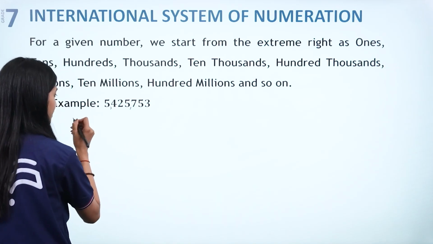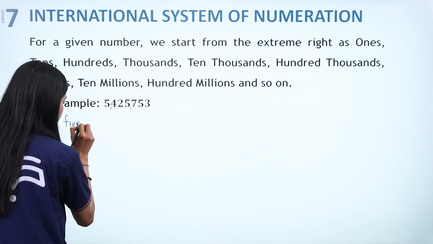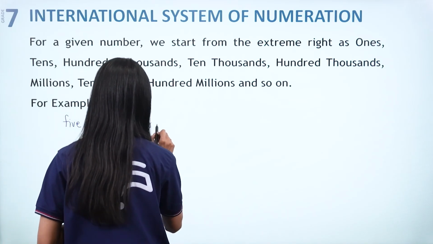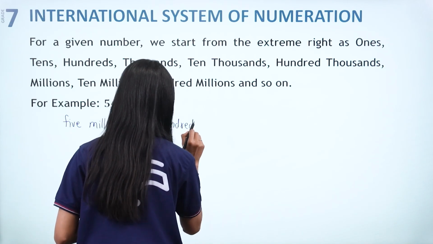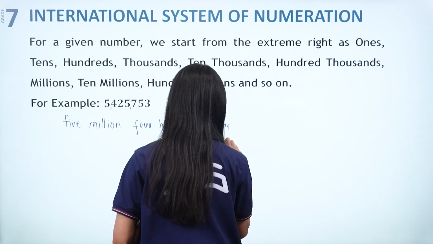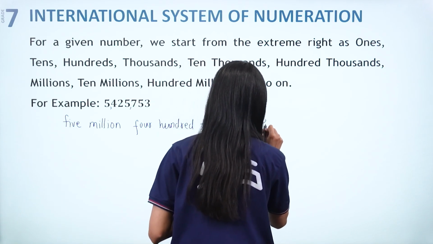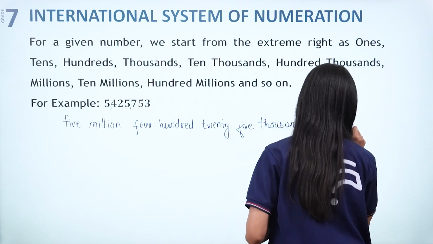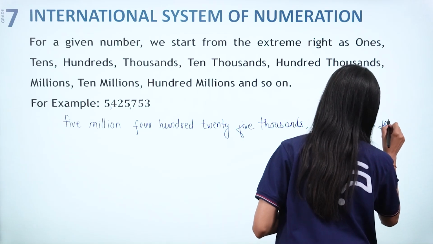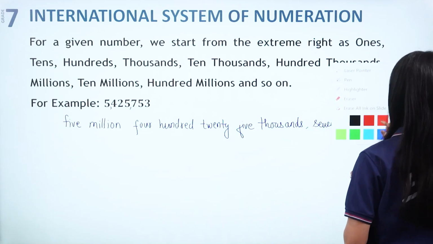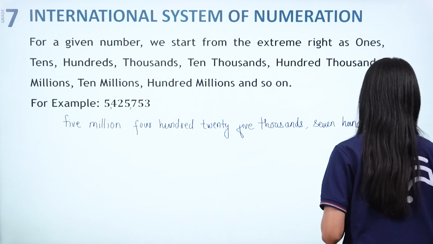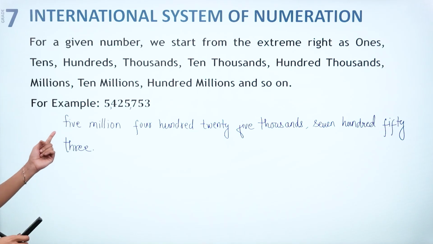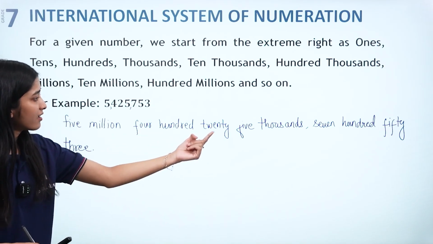It means this number will be read as 5 million, 425 thousand, 753. So we write it as 5,425,753.